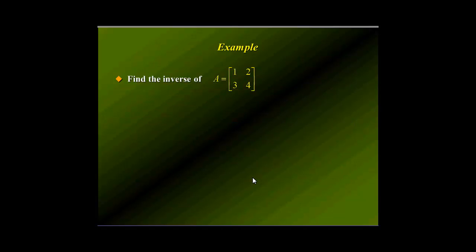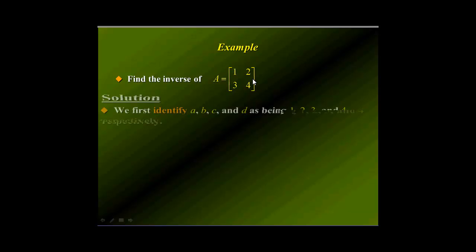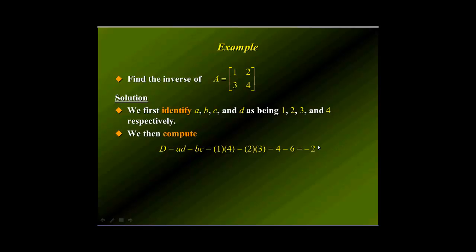So let us see an example. It is a 2 by 2 matrix. Find the inverse of this matrix. First of all, you check whether its determinant AD minus BC is 0 or not. AD minus BC is -2, which is not 0, so yes, its inverse exists.